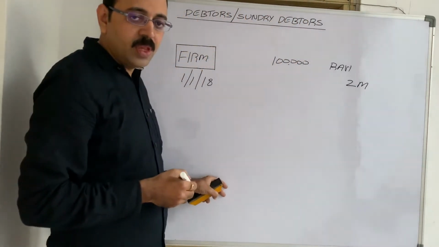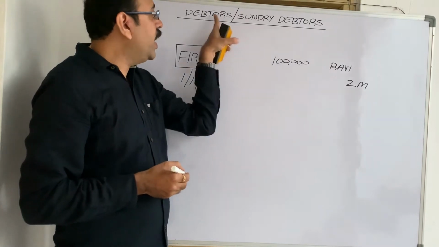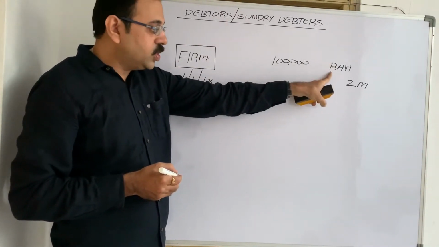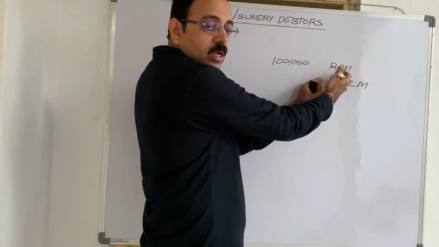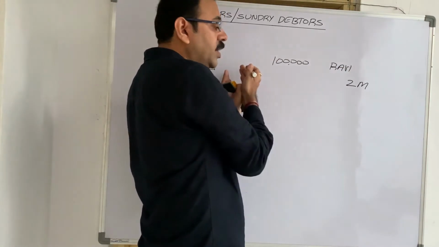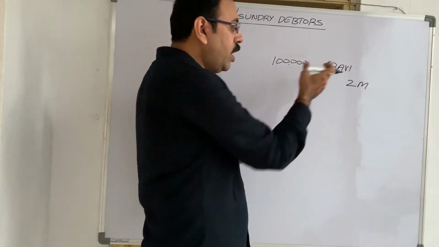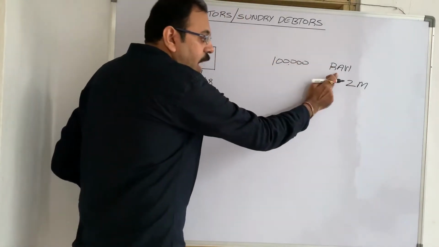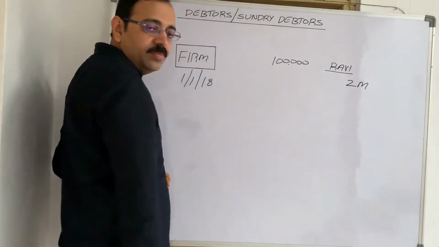So till 2 months, Ravi becomes a debtor. So debtor means who? A person who has taken the benefit from us and in return has not yet paid any amount to us. So a person who is liable to us is known as a debtor. So a debtor is an asset.